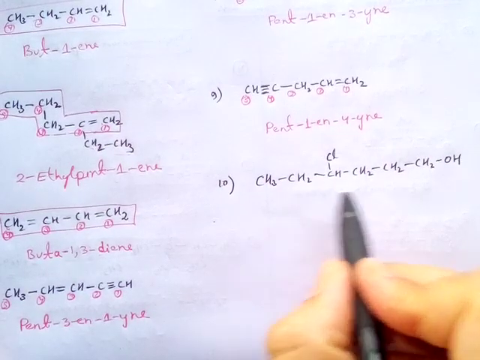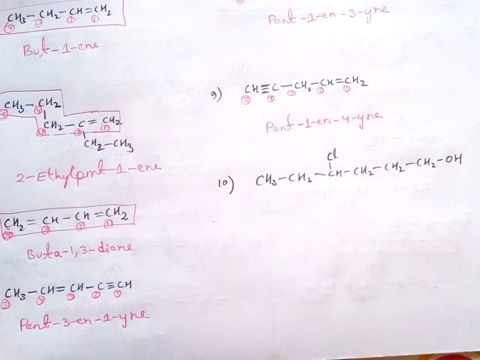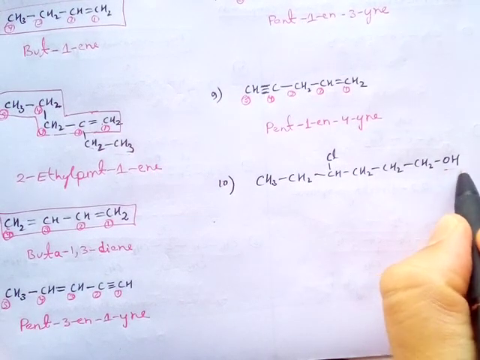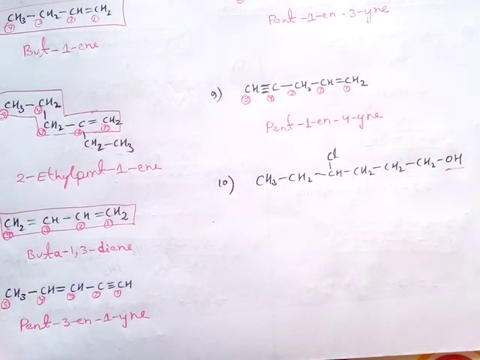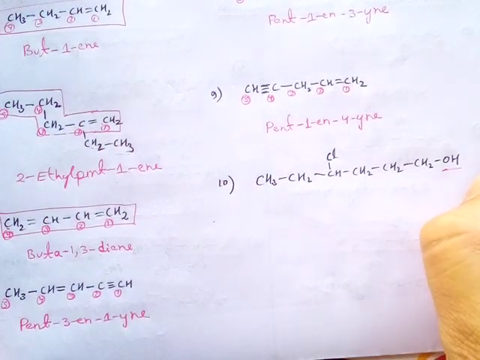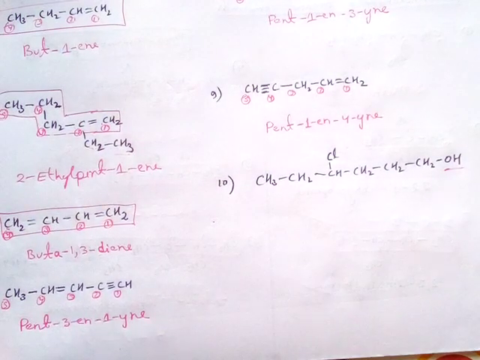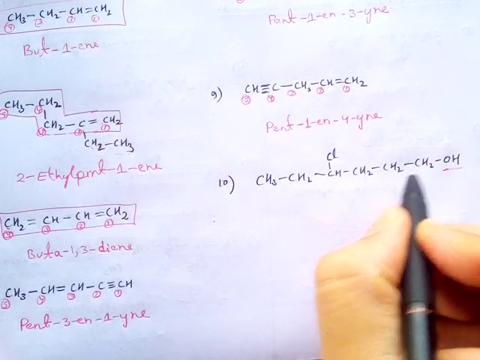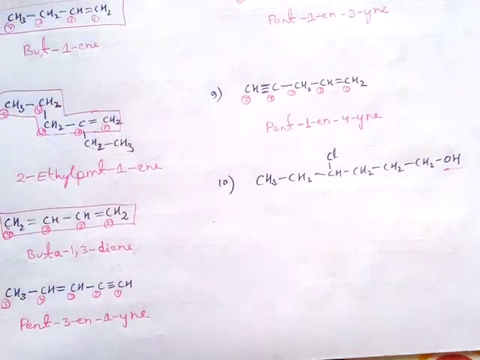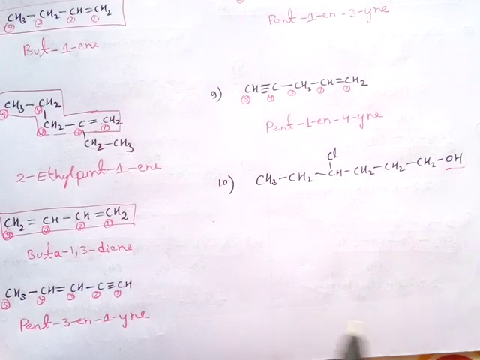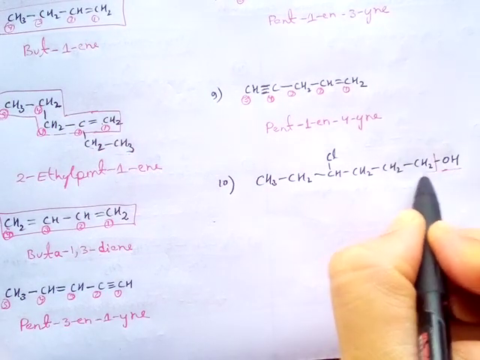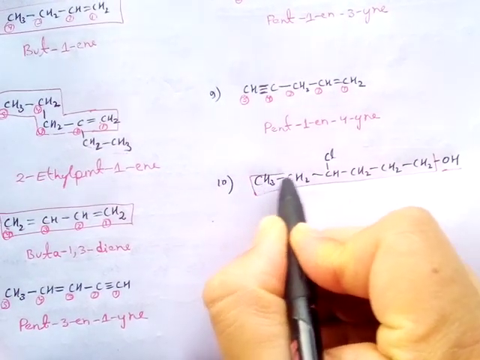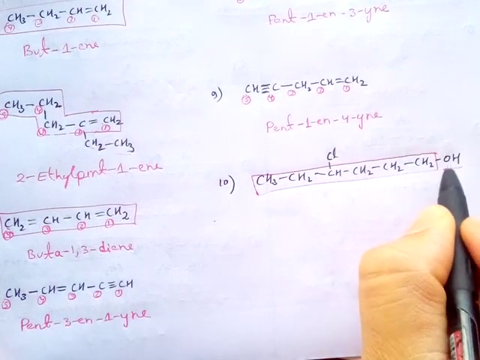Now look at this example. Here I have introduced one functional group, OH, right? So OH means you have to write OL, remember. First you have to find the longest carbon chain. Remember that the longest carbon chain, that is the parent chain, must include the functional group. That means the functional group must be attached to the parent chain directly, like this one.